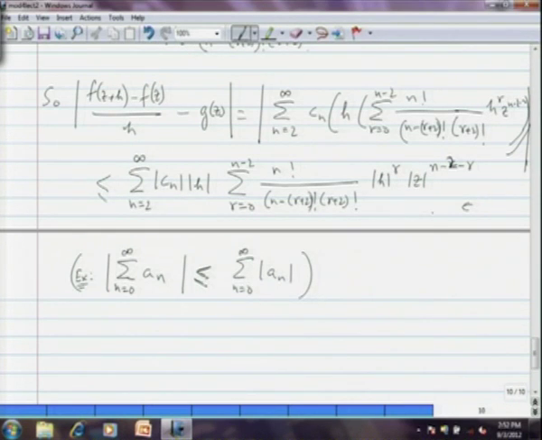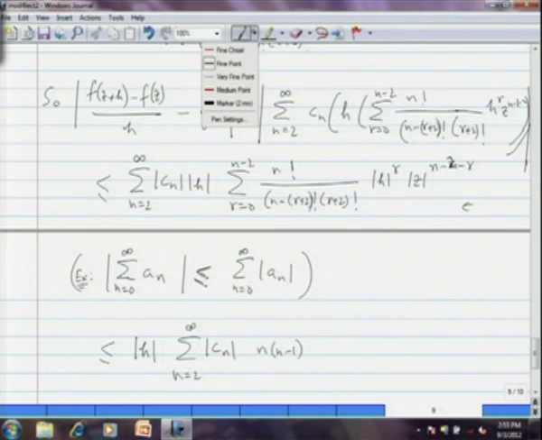And further this expression is less than or equal to modulus of h. I will pull out a modulus of h from this sigma n equals 2 through infinity of modulus of C n times n times n minus 1. I am pulling out an n times n minus 1 from this n factorial in the numerator.